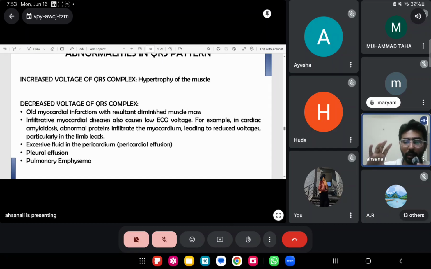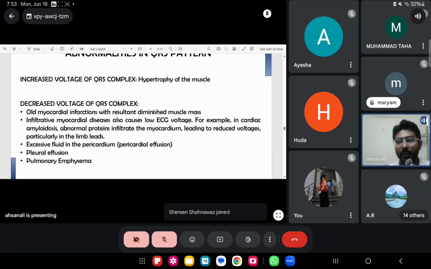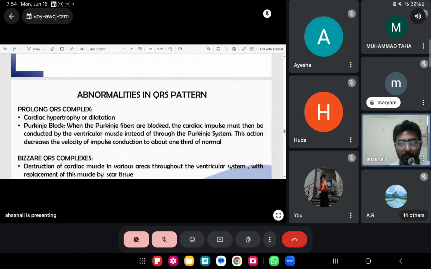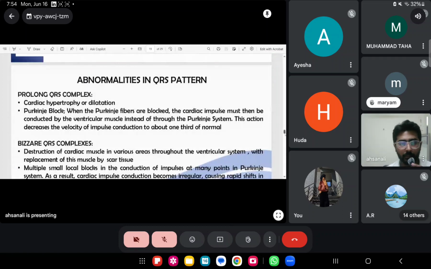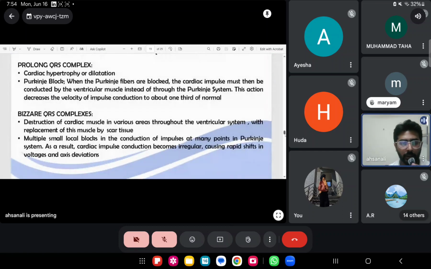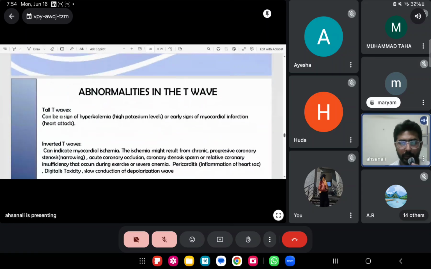If it is less than 10, then you can have a large QRS complex, or in hypertrophy you again have a large QRS complex. These are not for you guys, this is for the postgraduate level.